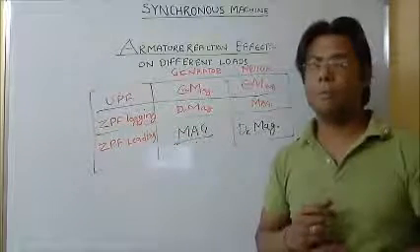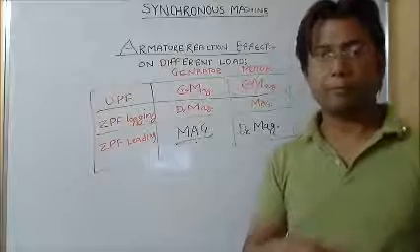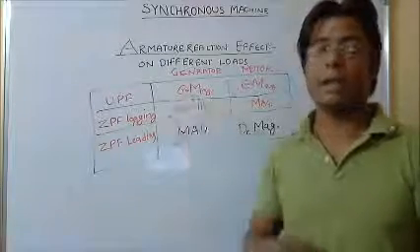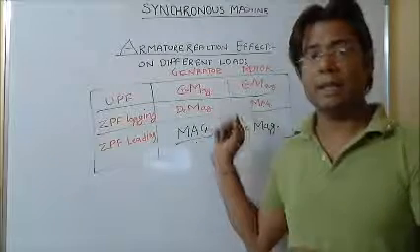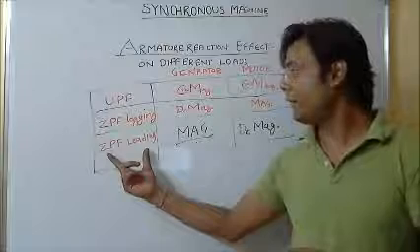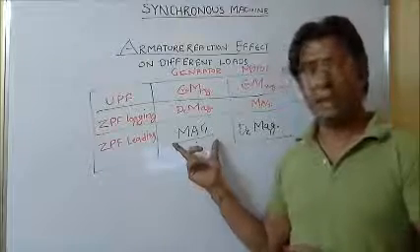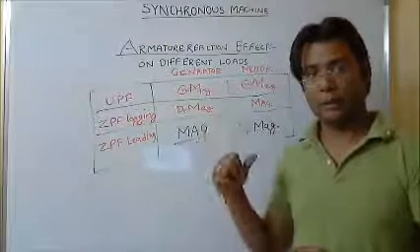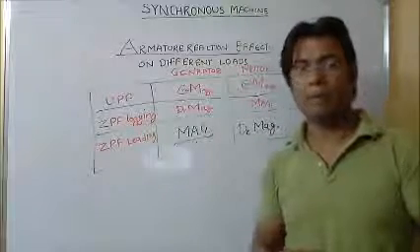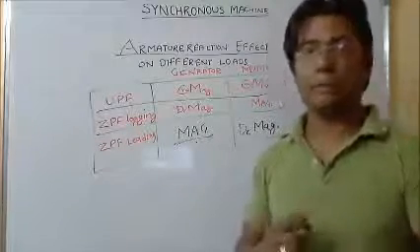In the case of zero power factor lagging, it is demagnetizing in the case of generator, and it is magnetizing in the case of motor. In zero power factor leading, it is magnetizing in nature in the case of generator and demagnetizing in the case of motor. Please remember this for objective type questions.